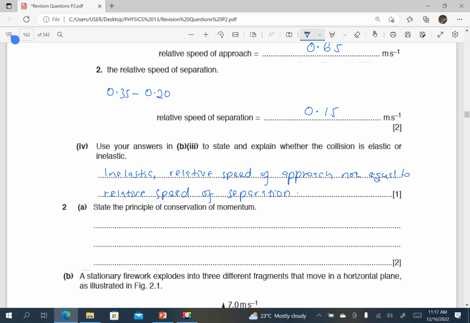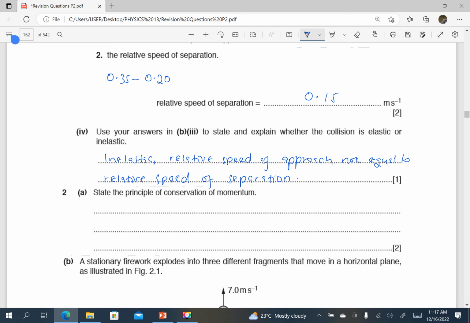To study the principle of conservation of momentum. So we know that total momentum of an isolated system of interacting bodies is always constant.